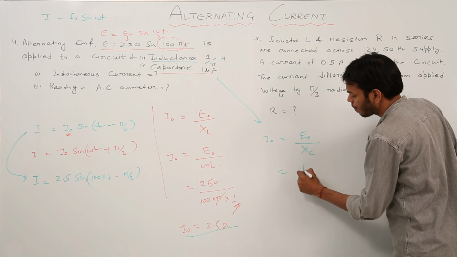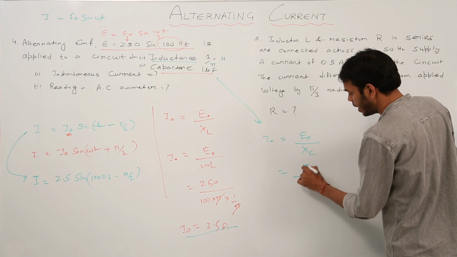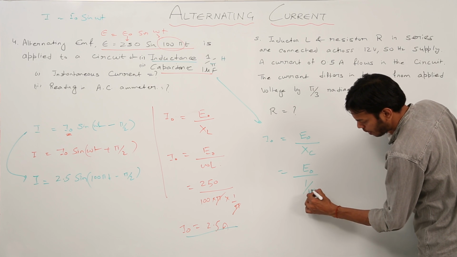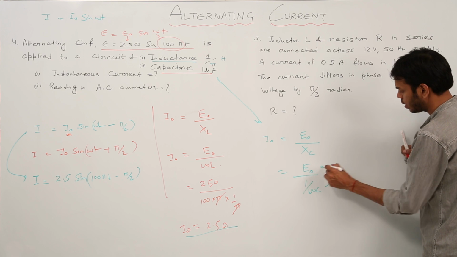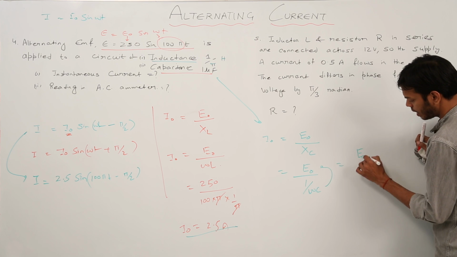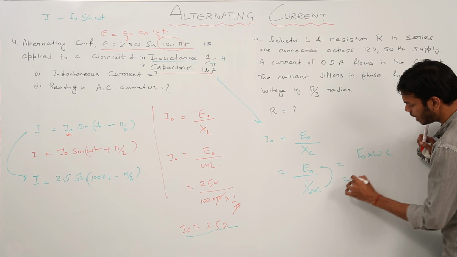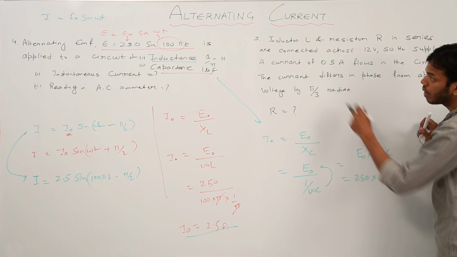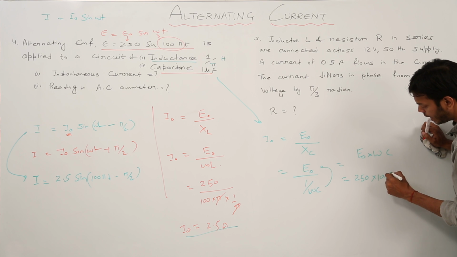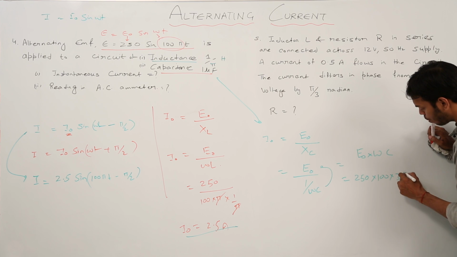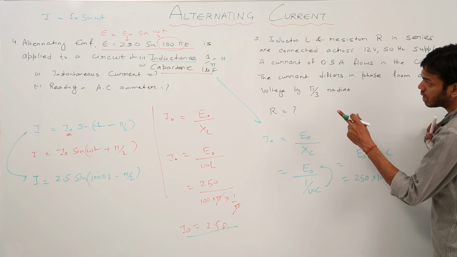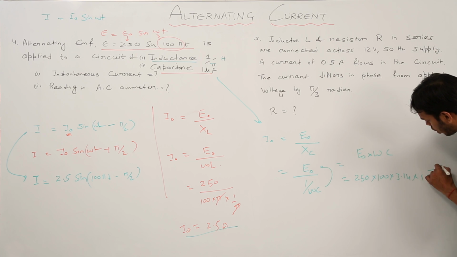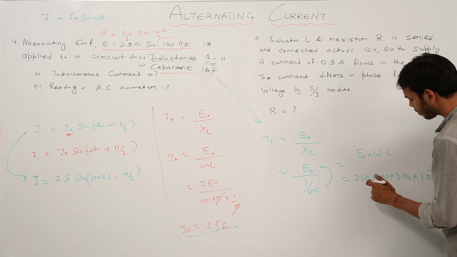XC is 1 upon omega C. So omega C gets multiplied here and I am left with E naught was 250, omega is 100 into pi, pi is 3.14. C, capacitance is 1 microfarad. 1 microfarad, that is 10 raised to power minus 6 farads.